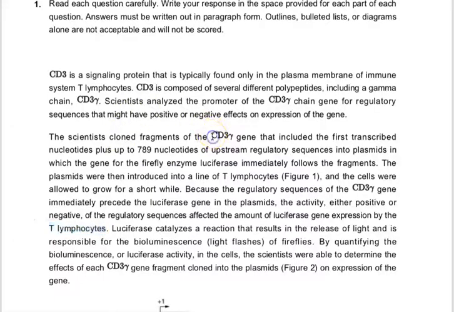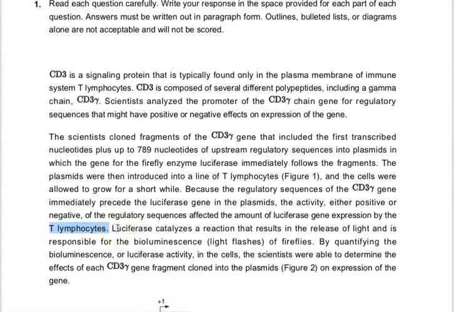First, you are attaching a new regulatory gene into a plasmid. After attaching that new regulatory gene into a plasmid, you're also placing it right next to a gene that codes for an enzyme of luciferase. I'm going to tell you why that's important in a second. And you're placing that plasmid with these two genes in T lymphocytes. Okay?